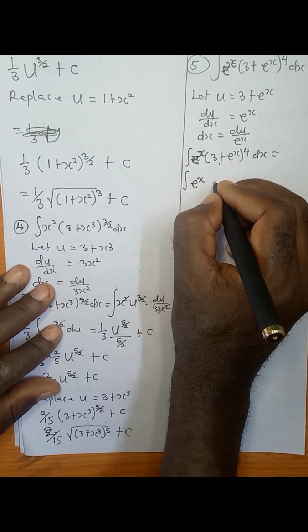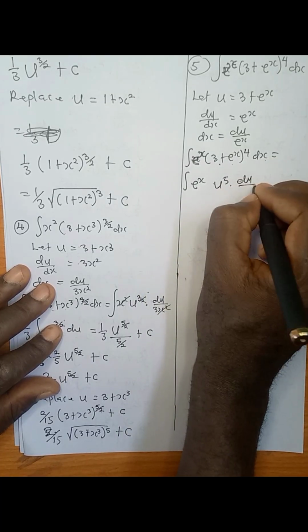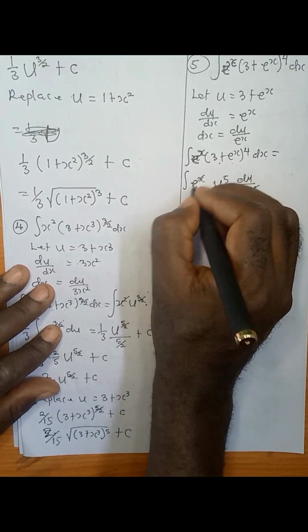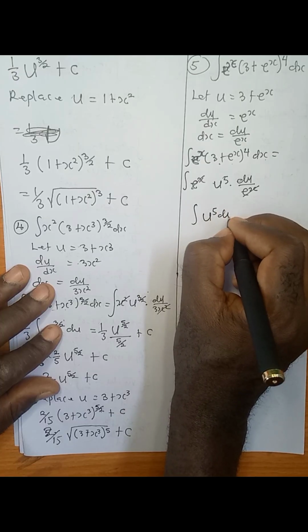This place is u raised to power 4. Our dx is du over exponential raised to power x. So that this will cancel this. We have the integral of u raised to power 4 du.